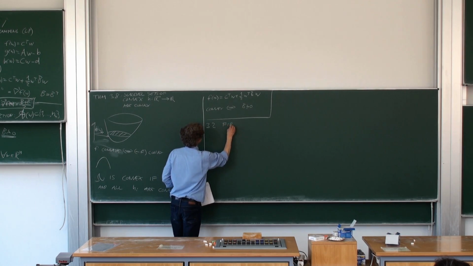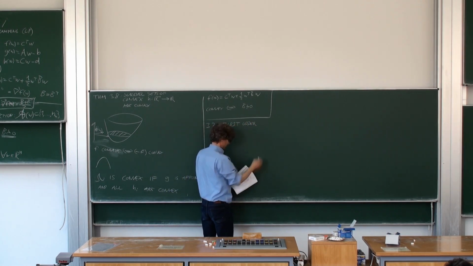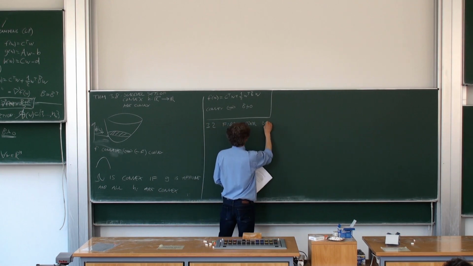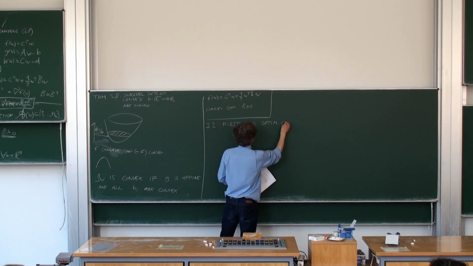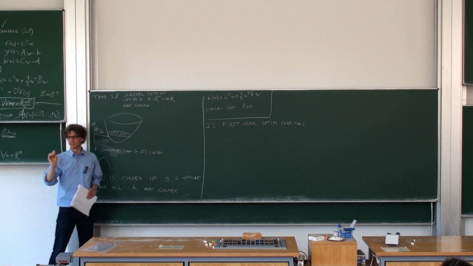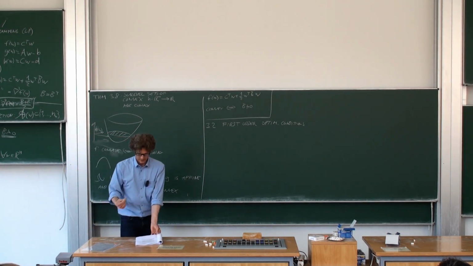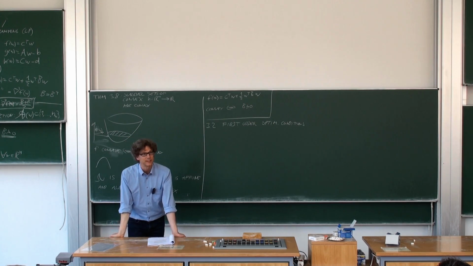So let me just say we talk about first order optimality conditions. And it gets tough. So this could be derived, and it takes several hours of lectures to derive it decently.